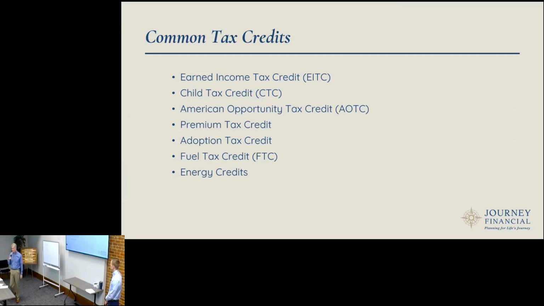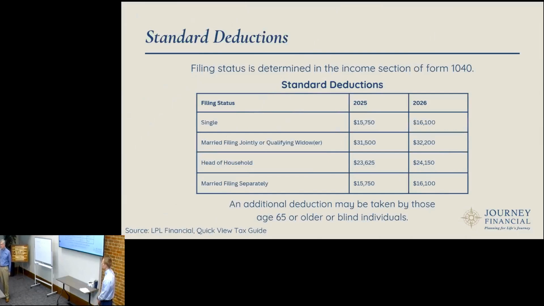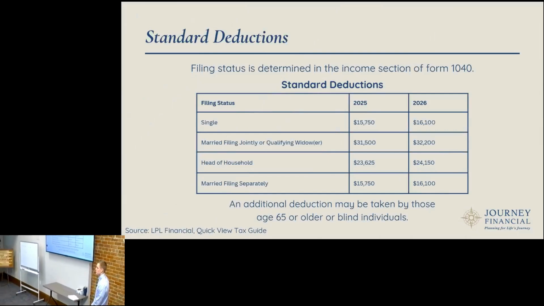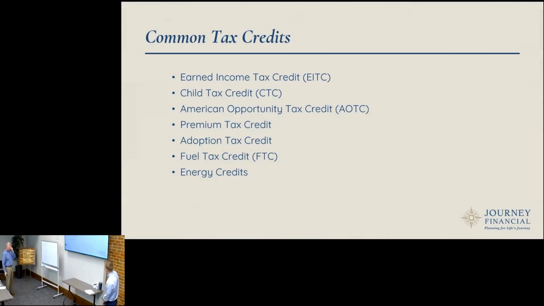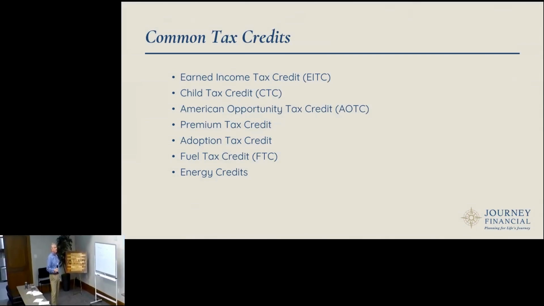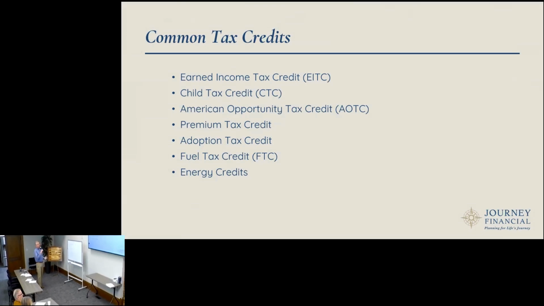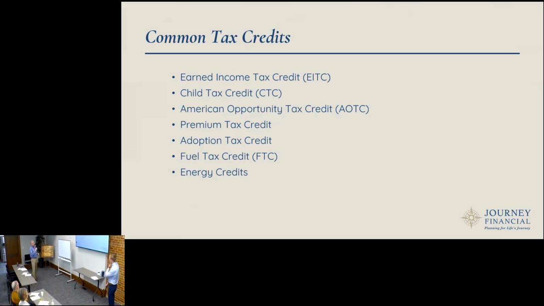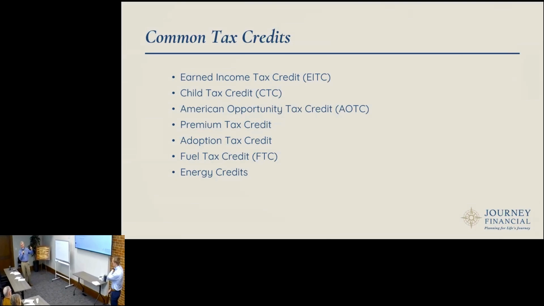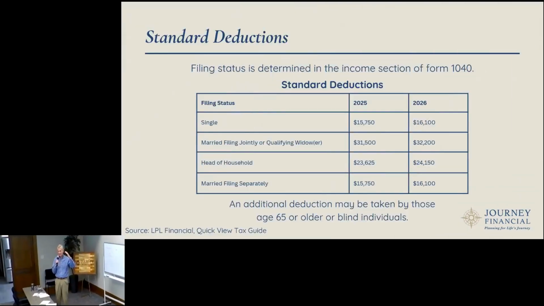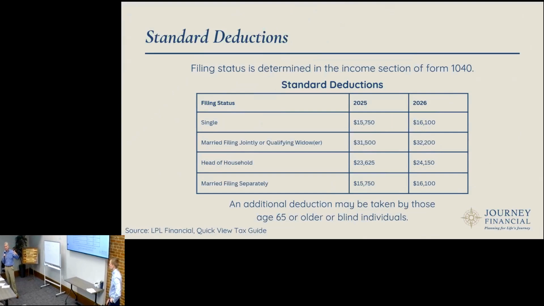Again, I don't think anybody in this room probably gets any of those, but I guess you never know. They're mostly for younger families. I suppose you could get the fuel tax credits and energy credits, but some of those are going away too. Off the top of my head, there are a few like EV tax credits or solar panel tax credits that I think are being phased out.